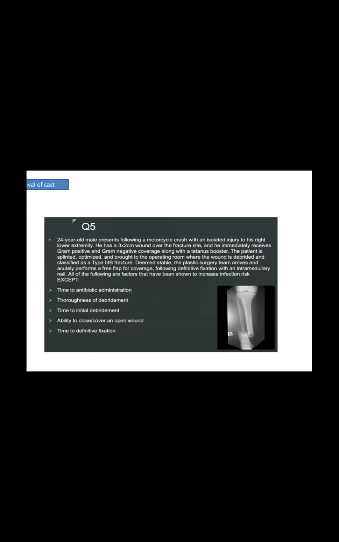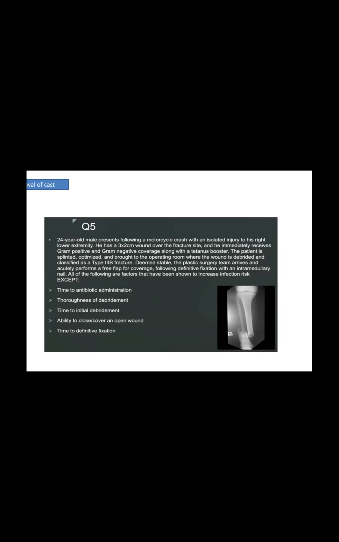Thoroughness of debridement means we have to debride the contaminated area, so that is also accepted. Time of initial debridement: yes, we have to take time for debridement at the site. It is also accepted.